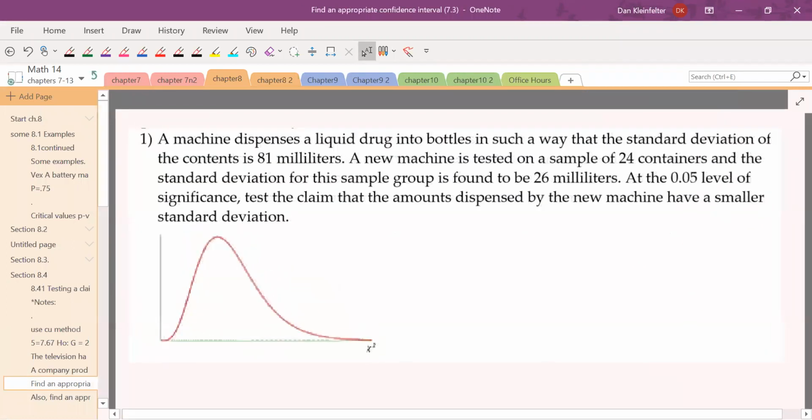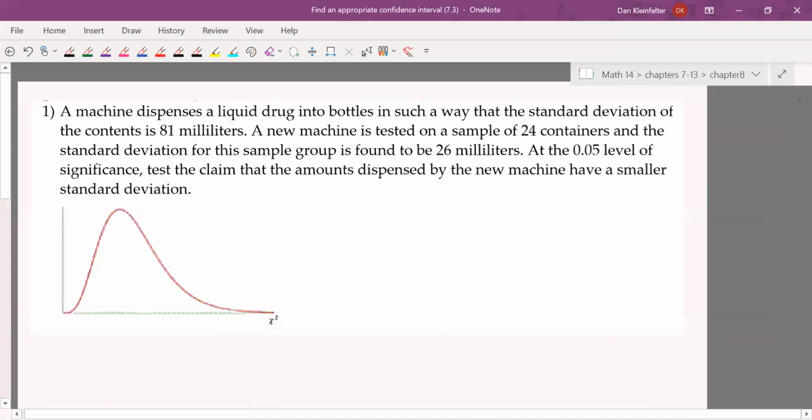All right, so next up, we have the following. A machine dispenses a liquid drug into bottles in such a way that the standard deviation of the contents is 81 milliliters. A new machine is tested on a sample of 24 containers, and the standard deviation for this sample group is 26 milliliters.